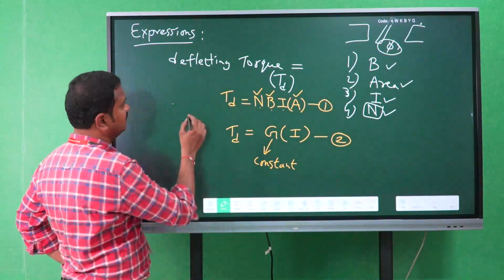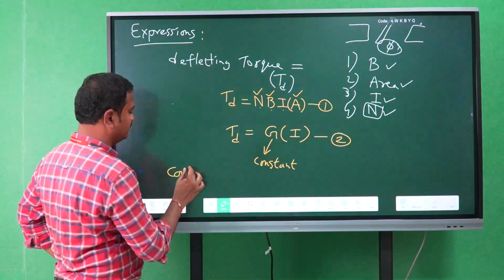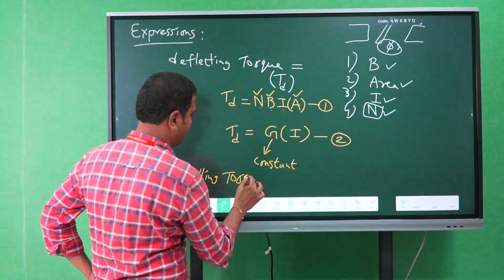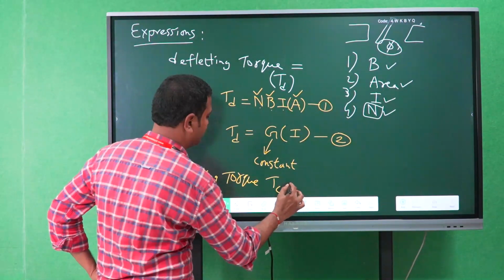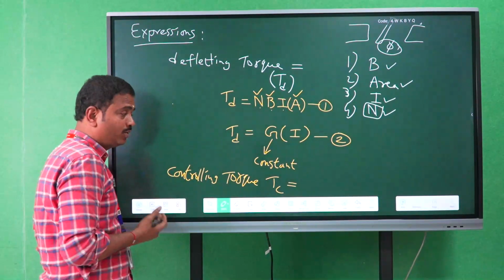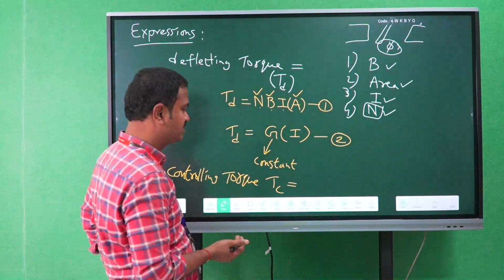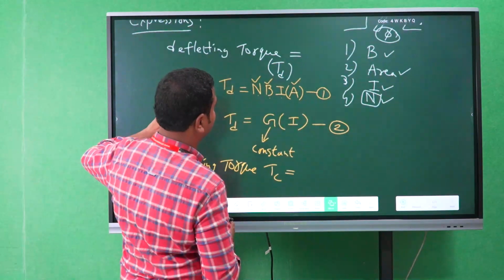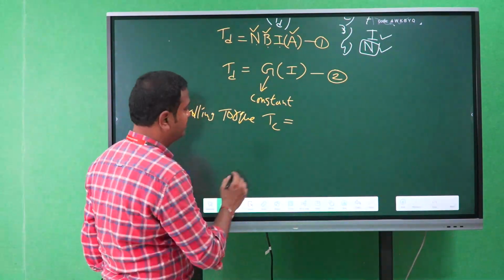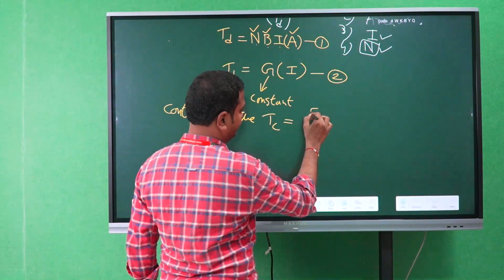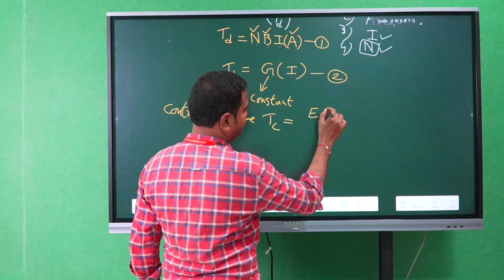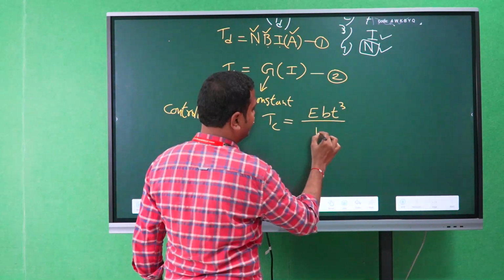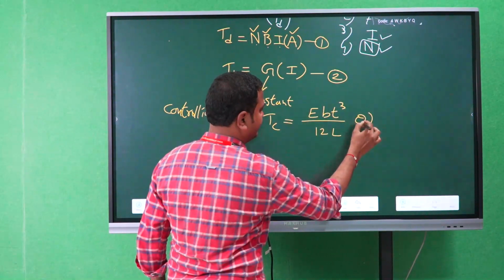Right. Now controlling torque. Now coming to controlling torque, it is produced by the control springs, right? So control springs, the expression from the physics is controlling torque equal to E B T cube by 12L into theta.